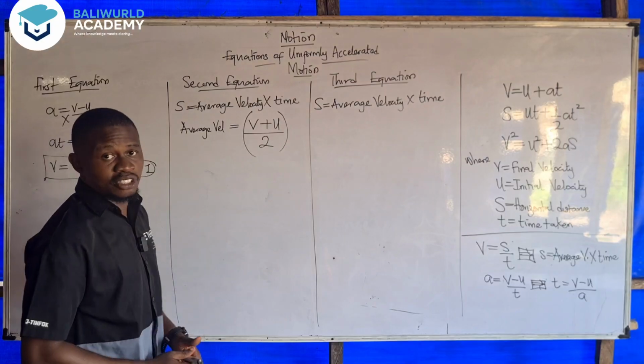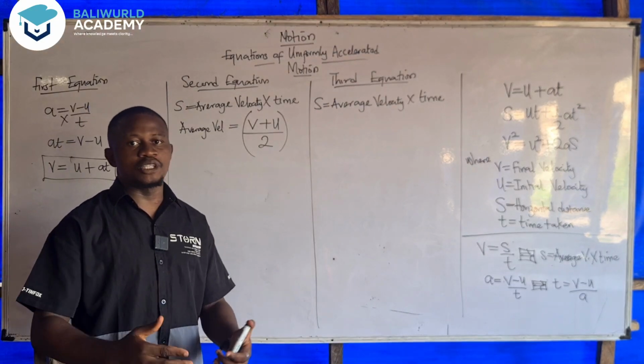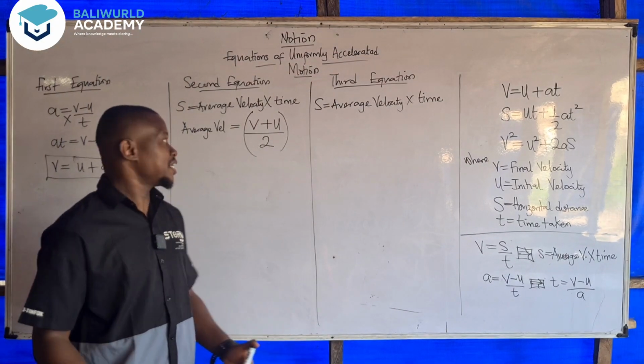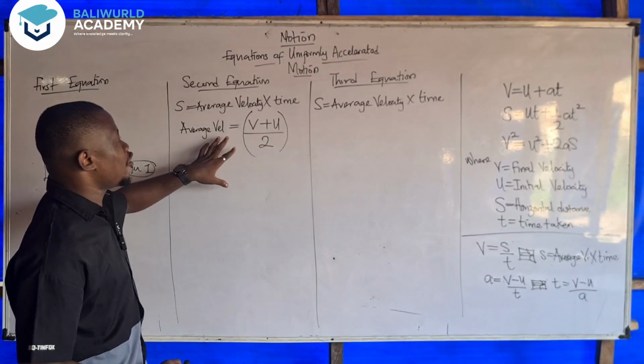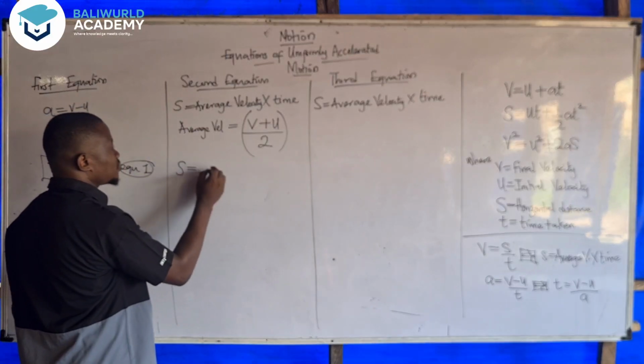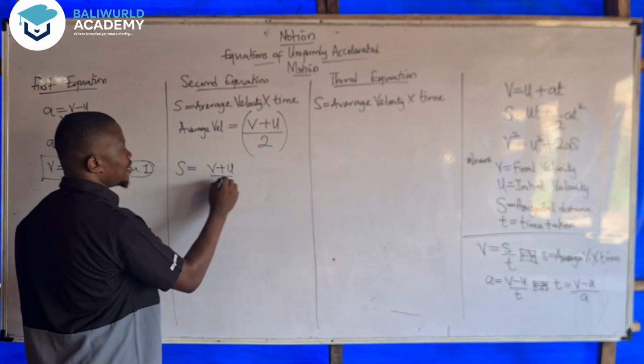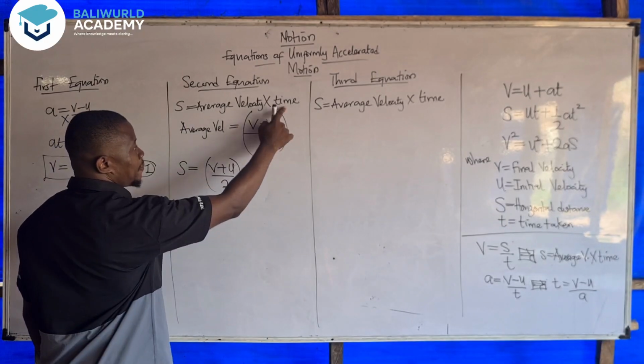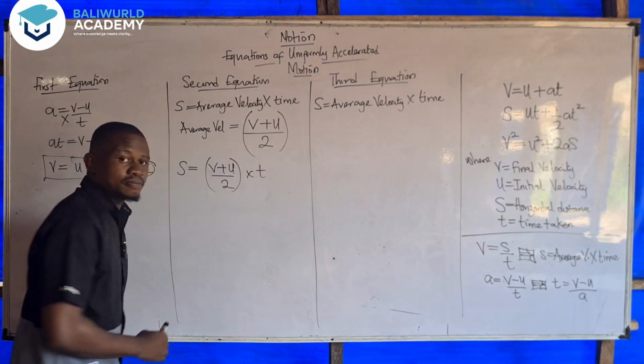That's the average velocity formula, because you're trying to get the average or the mean between the initial and the final velocity. Now when we input the value of average velocity into this equation, we have S equals V plus U divided by 2 multiplied by the time taken, which is T.